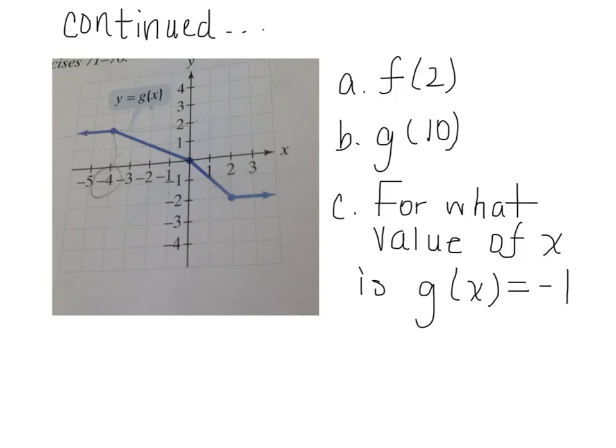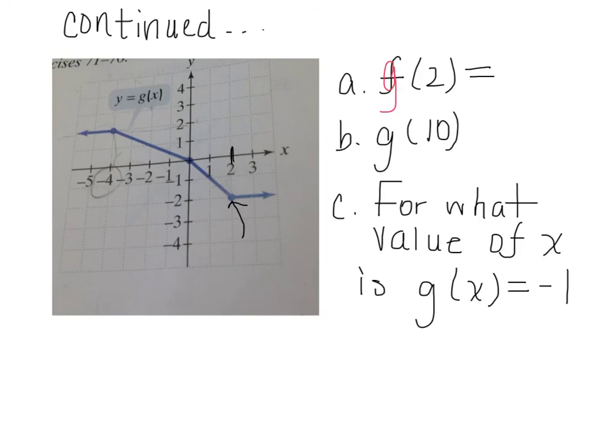Okay, we'll look at this last example because if you notice on both ends of your graph, we have arrows. So when we're looking for g of 2, we look on our graph when x is 2, which is right here.